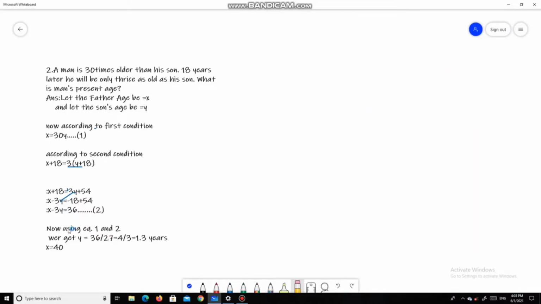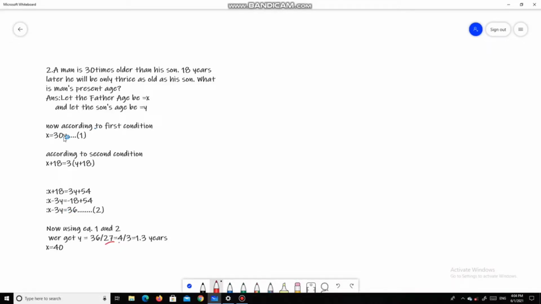Now by using the first and the second equation, we get y is equal to 36 upon 27. Okay, but how do we get this 27? This I will explain to you. Now look, in this equation x and y are on the left hand side of the equal sign.